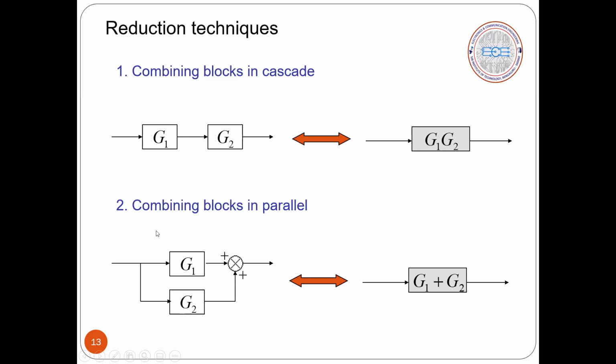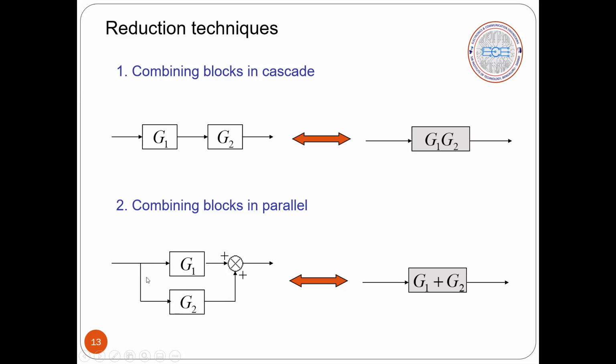Okay, so next is combining parallel blocks. The next technique we have is the parallel blocks simplification. And here you observe, the same signal through G1 enters the summer, the same signal through the G2 block enters the summer. So the direction here, if you see, is the same direction. So we call these two parallel lines.